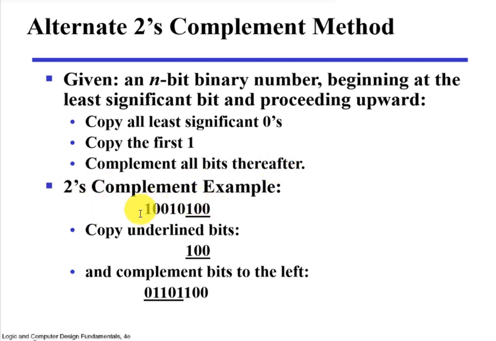So here we have an 8-bit binary number. We want to get the 2's complement. First we copy all the zeros. So we have here 2 zeros, 0, 0. And then we copy the first one that appears after the zeros. Then we will have 0, 0, 1, the 3 underlined bits. Then complement all bits thereafter, which means we complement all the bits after these 3 bits to the left.